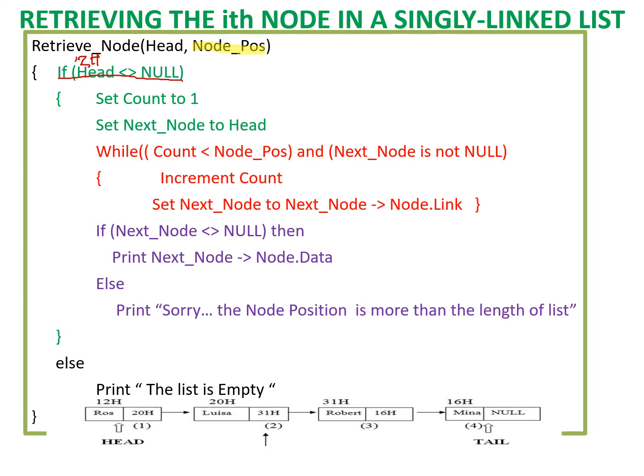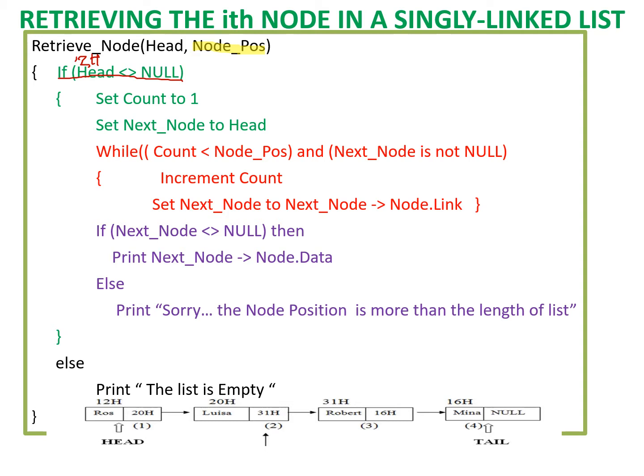That means we have to test if we have an empty list. If head is not equal to null is true, that means we have elements in the single linked list. But if this yields false, that means we don't have an element in the list, or simply, the list is empty.